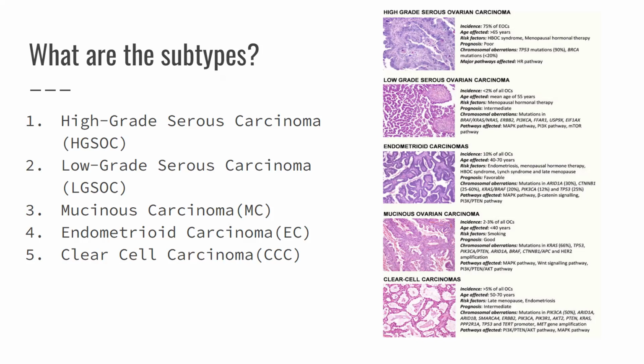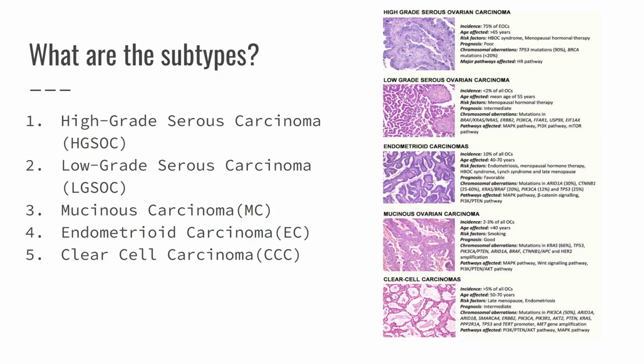Mucinous carcinoma is a subtype which has an abnormal amount of extracellular pools in the stroma where mucin is produced. So that means that it's a form of stromal ovarian cancer, which is a very rare type of ovarian cancer. Endometrioid carcinoma is a subtype, and it's a form of stromal ovarian cancer, also very rare.